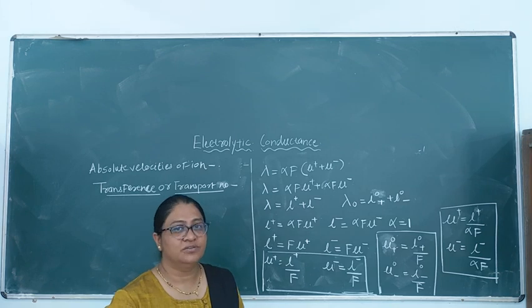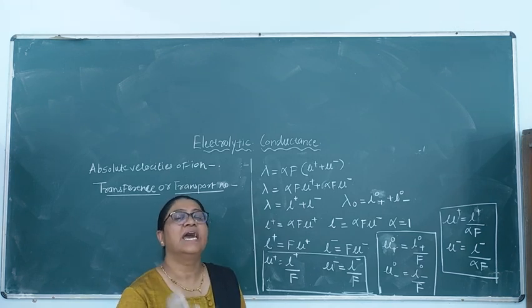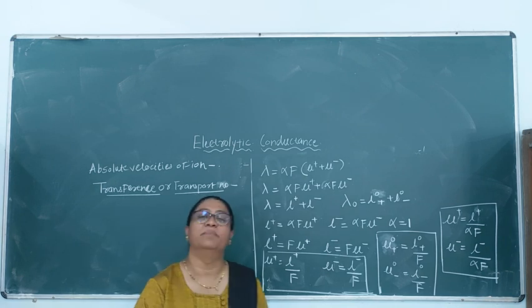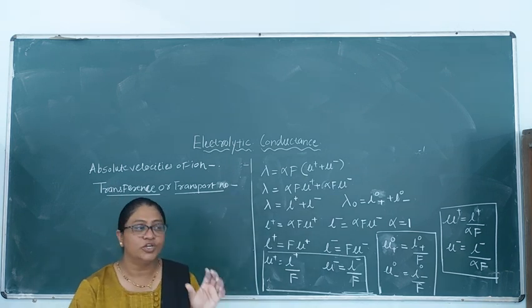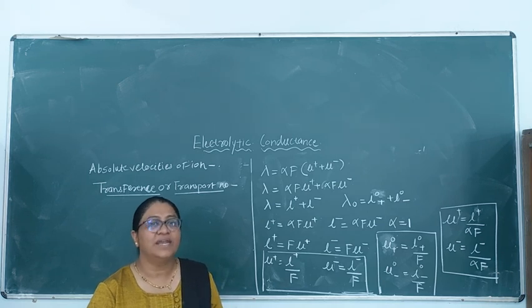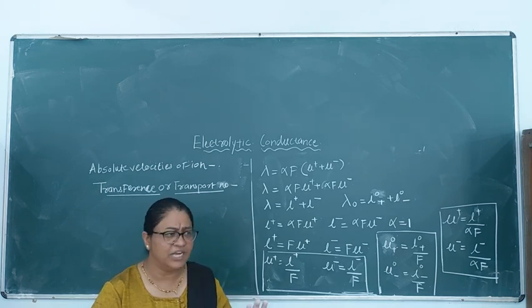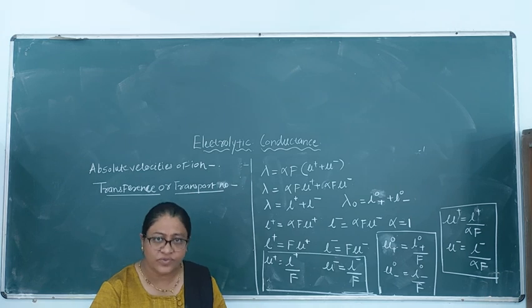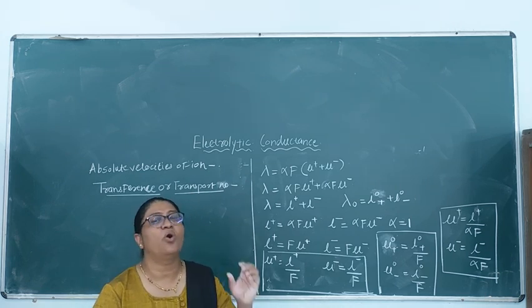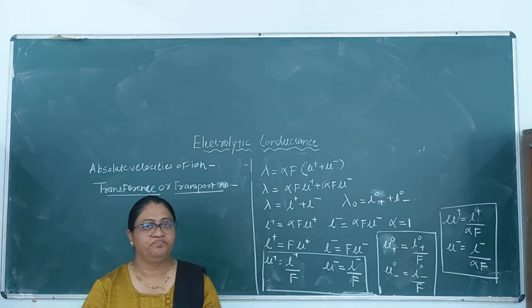The fraction of the current carried by a specific ion is called the transport number. The fraction of the current carried by the ion, whether cation or anion of the electrolyte, is called the transference number or transport number.